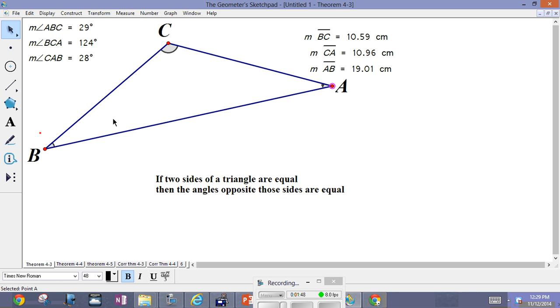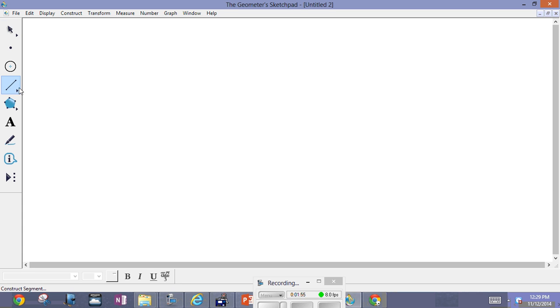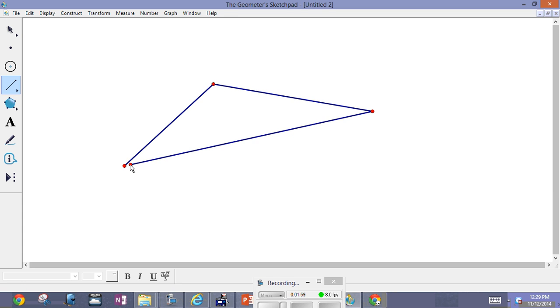So quite frankly, what I did is as follows. I'm just going to show you a new sketch. I'm going to draw any triangle here, any triangle at all. I'm going to measure each of the angles. The best way to measure each of the angles is with this tool right here.